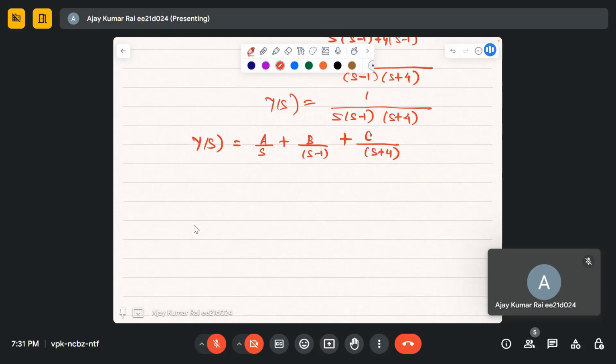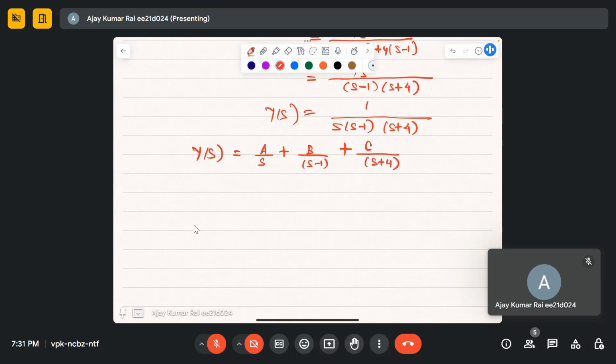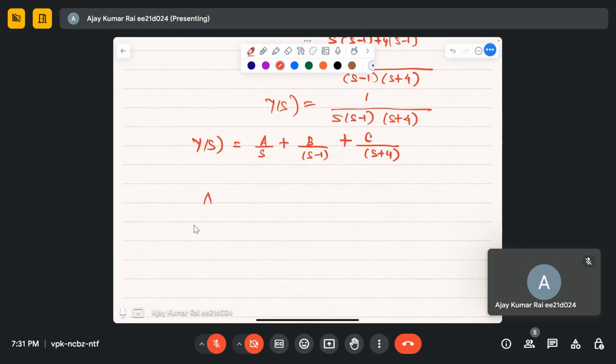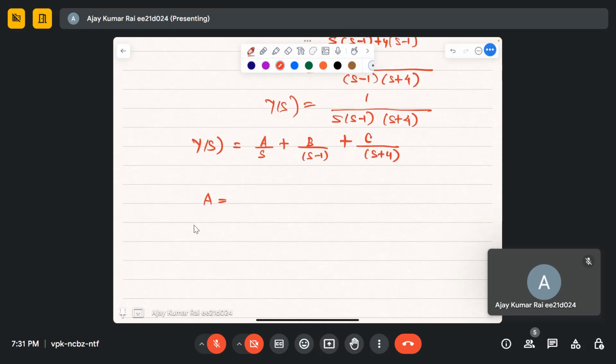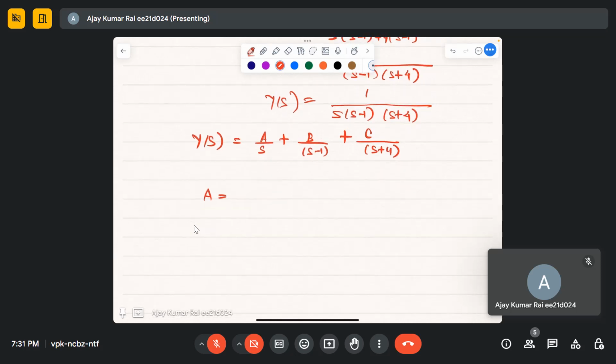Okay, so first, how to find a? Multiply this Y(s) by s.